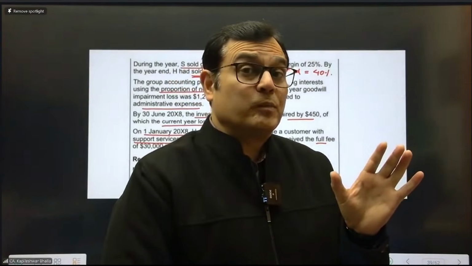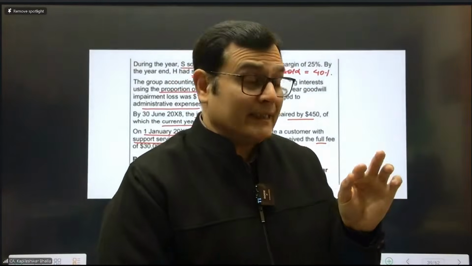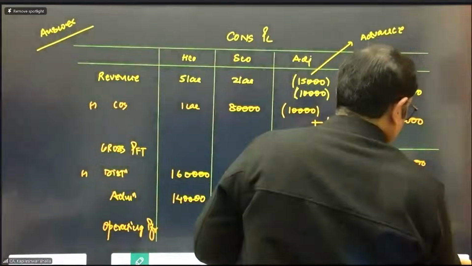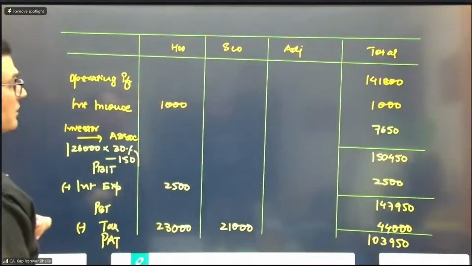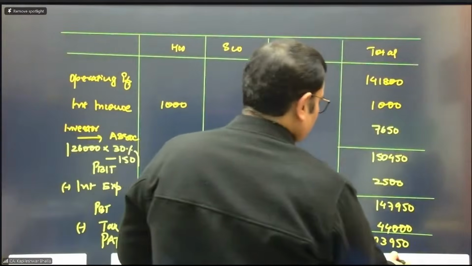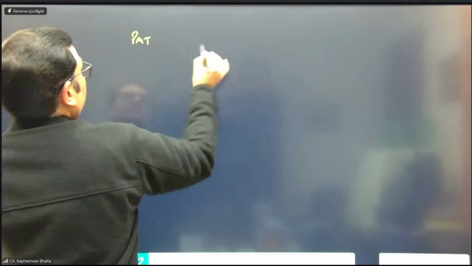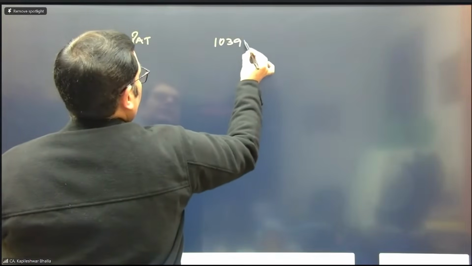We also now need to split the profits between the NCI and the parent. So let's now show the segregation of this 103,950. I'm just taking the figure 103,950.